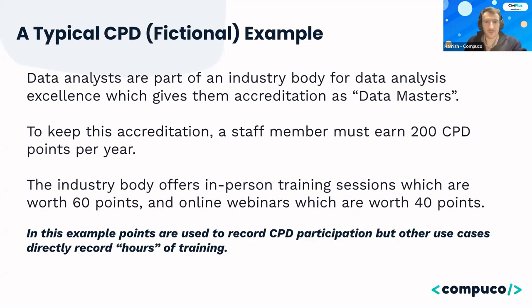And so in our example, any data master must acquire 200 points per year to keep their accreditation, which can come in a variety of different ways by attending different training seminars. And every time you do, each session will be worth a certain number of points. And that will hopefully over a year total you to 200 and will fill your CPD requirement.